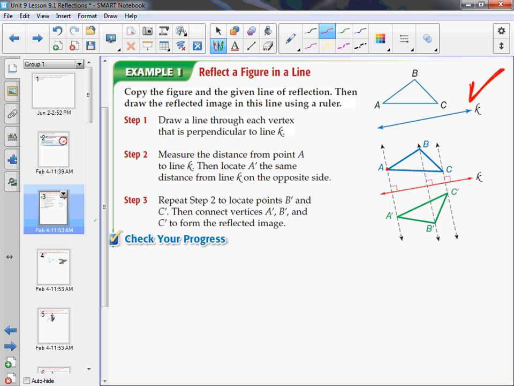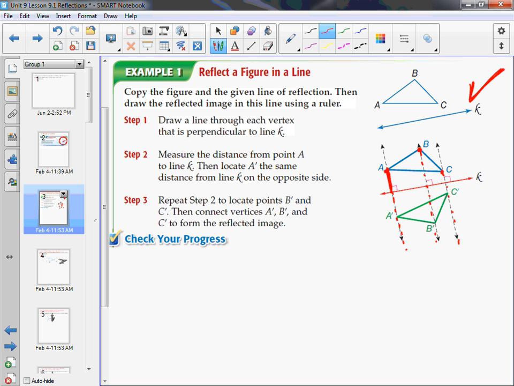So we'll lay our straight edge down, and we'll make a dotted line from A past the line of reflection, perpendicular to the line of reflection. Then we'll move our straight edge over here to B, make it perpendicular to the line of reflection, make a dotted line. Then we'll do the same thing from C. Then we take our compass and we measure the distance from A to the line of reflection.